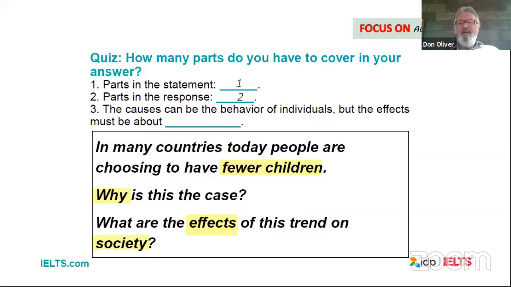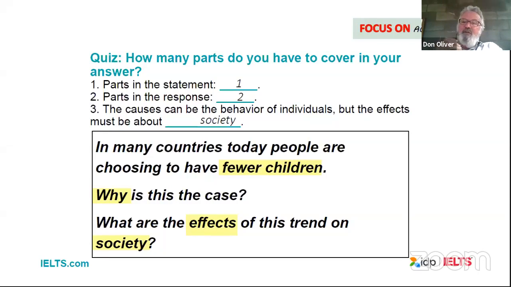Now, this is important because you may be talking about the psychology of people. You may be talking about financial strains on people. You may be talking about why people don't want to bring children into the world when there's a pandemic, right?